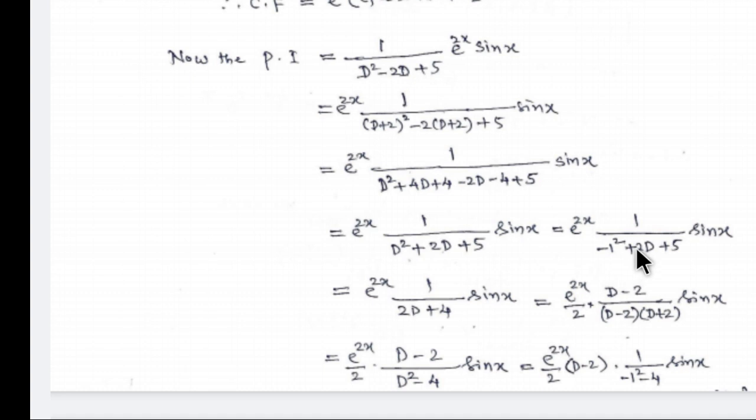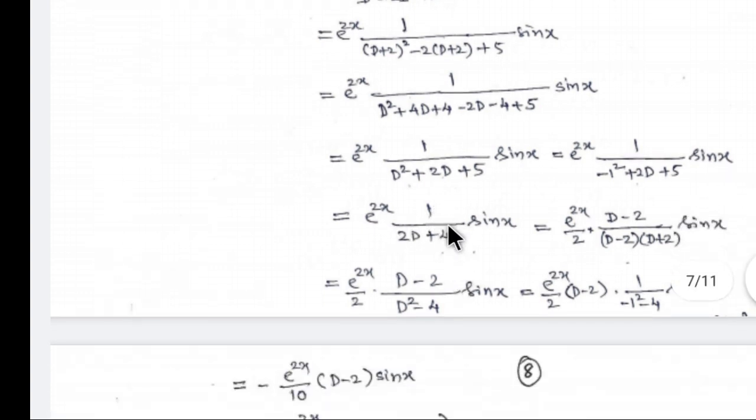D you keep as it is, plus 2D plus 5. Simplifying, minus 1 plus 5 is 4. So e raised to 2x as it is, into 1 divided by 2D plus 4, sin x.